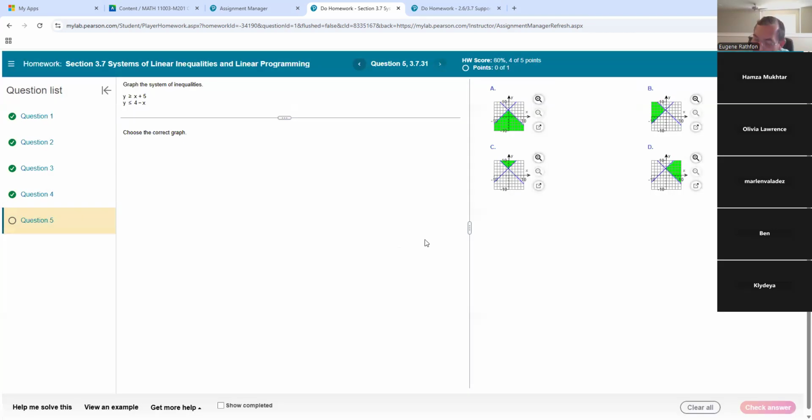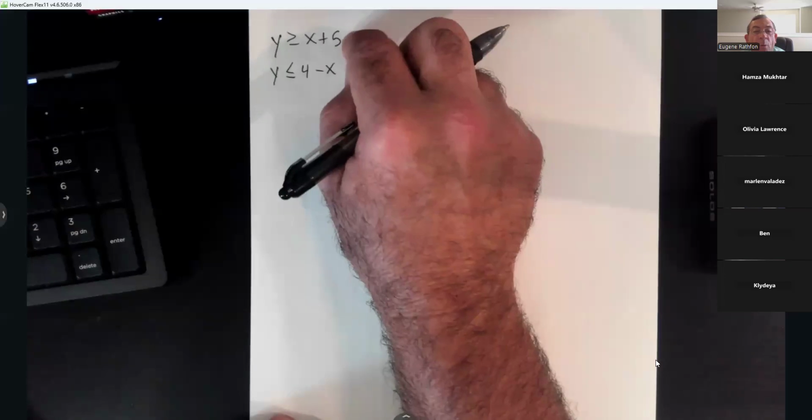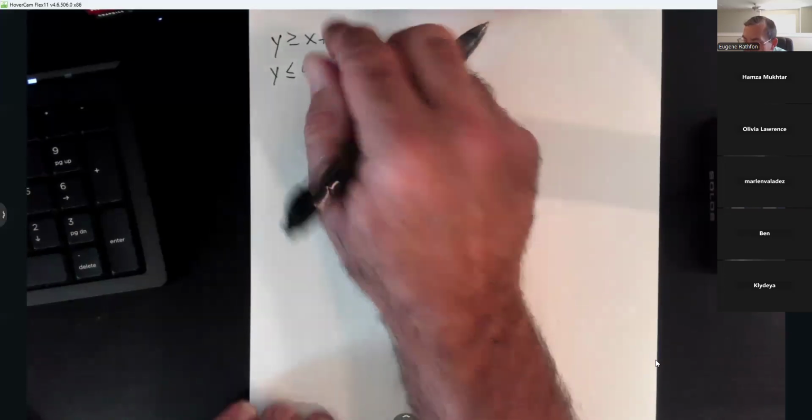All right, y'all, let me write this one and then we'll knock this one out. This is the only problem that involves a system of inequalities. So I got y greater than or equal to x plus 5. And then I got y less than or equal to 4 minus x. Okay, so now this was what we would call a system of inequalities because it's got two equations.